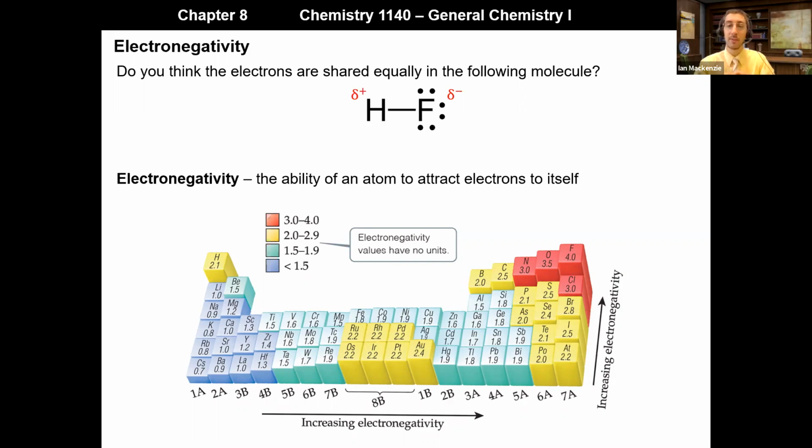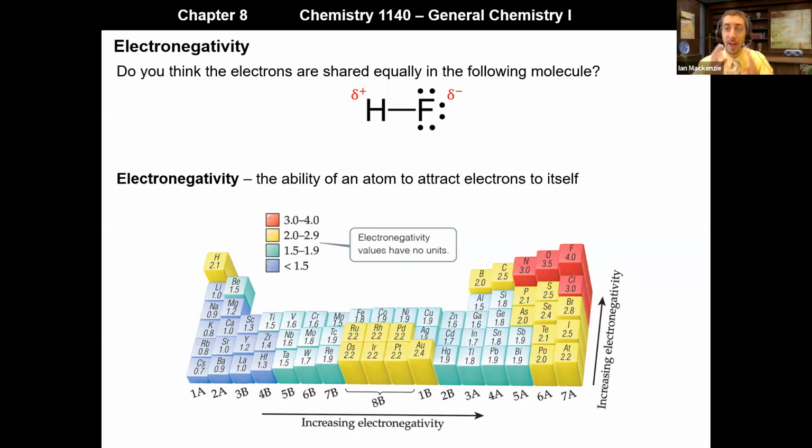From all of this, however, we can see that fluorine is the most electronegative, and you might notice that the noble gases are left off of this. That also has to do with the fact that the noble gases don't want any more electrons. They've got no desire to attract additional electrons to themselves, because those new electrons would have to go into an entirely new energy level.